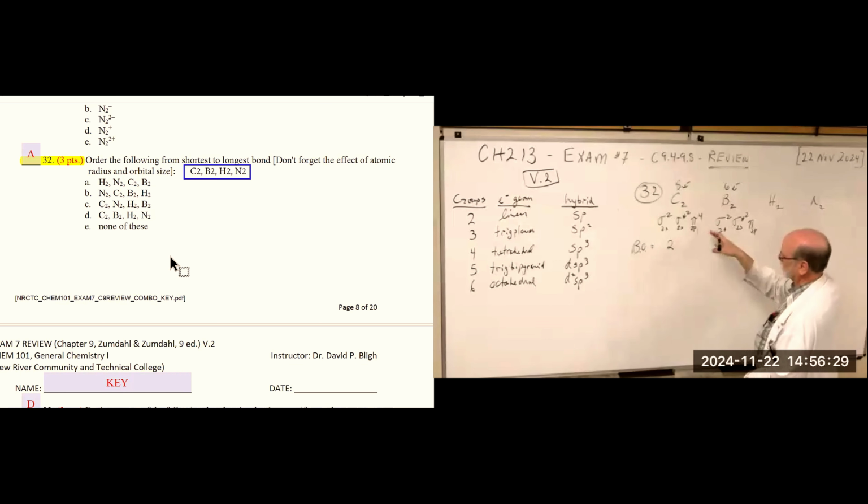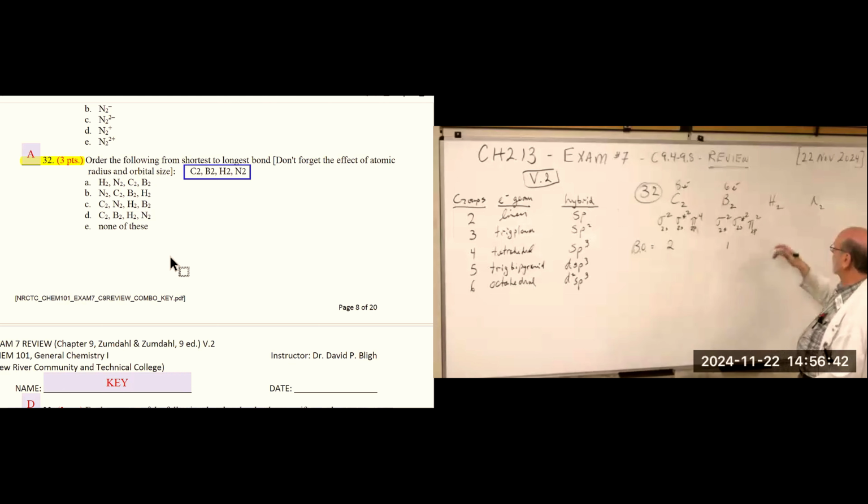Yeah, there's mixing, so the pi comes first. 2, 4, 6. So 4 minus 2 is 2. That's a single bond. But it's made from 1s. We don't even need that one, right? 1s, 2 there. And then nitrogen, we know it's a triple bond.